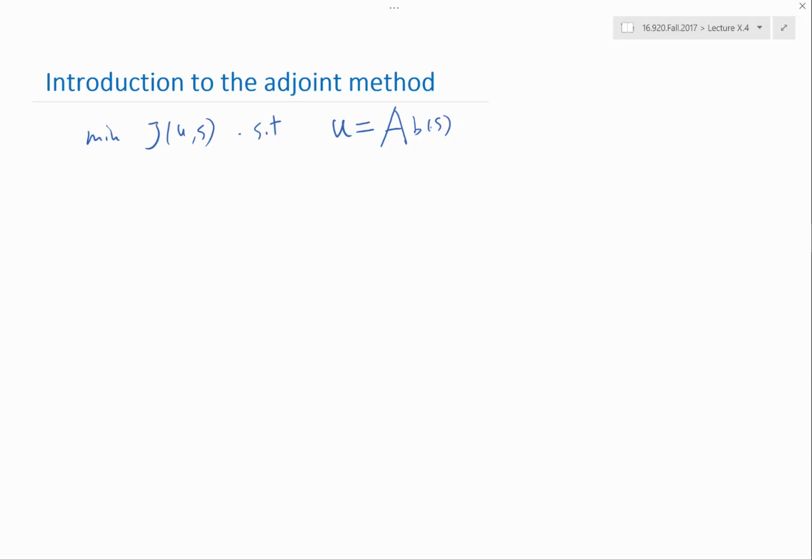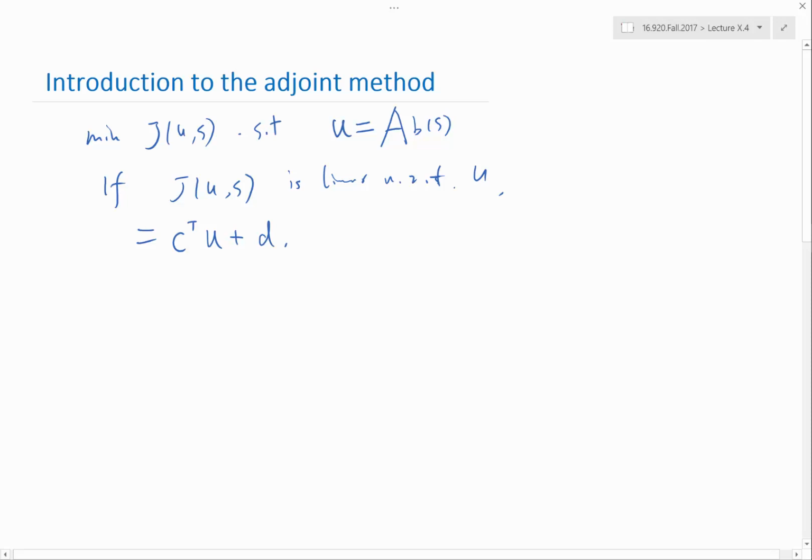So I want to ask you this. If the objective function is linear with respect to u, that is, J is equal to a vector c transpose u plus d, let's say.